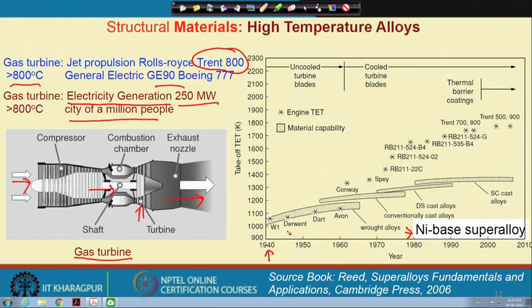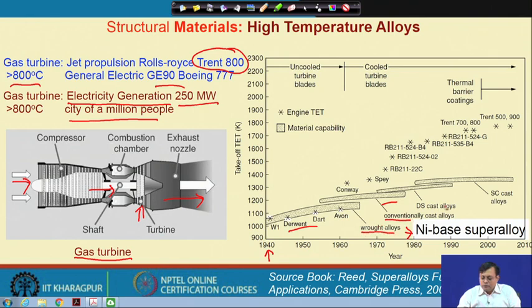And the production technique has changed from time to time, from wrought alloys to conventional alloys to cast alloys to, let us say, single crystal cast alloys. And here is the engine model trend from GE, and one can see that even though the materials are developed by the most sophisticated techniques, there is a large gap from the takeoff temperature.